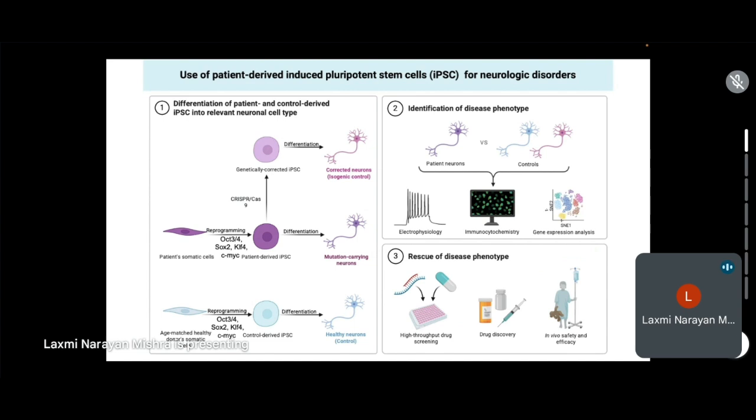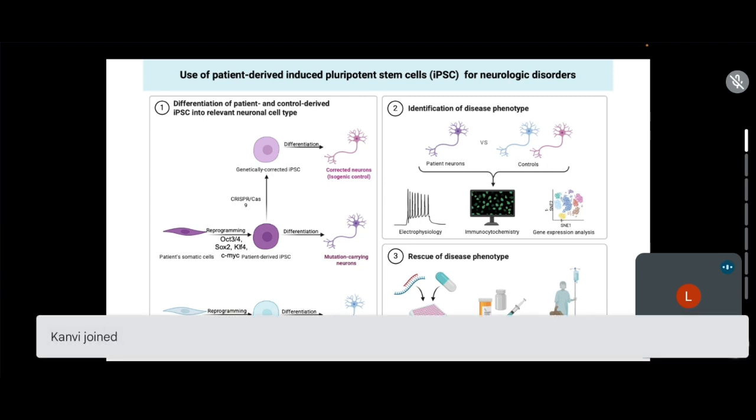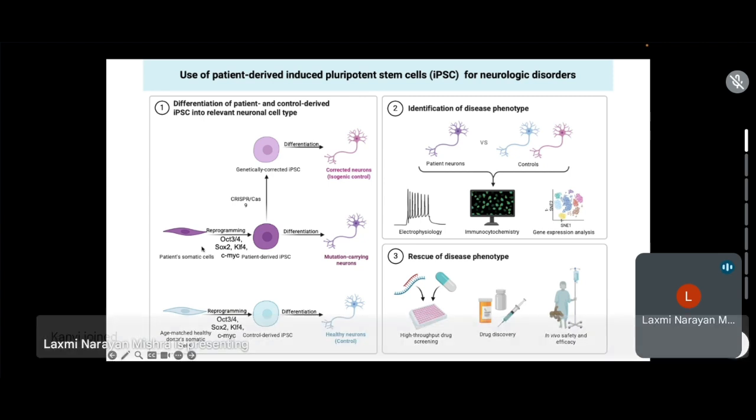So here is one example of the use of patient-derived induced pluripotent stem cells for neurological disorders. We have patient somatic cells, and we need to reprogram them. Somatic cells can come from blood or skin. We reprogram using 4 factors, which are called Yamanaka factors. These are OCT3 or 4, mostly OCT4, in 90% of the cases OCT4 is used, SOX2, KLF4, and CMYC.